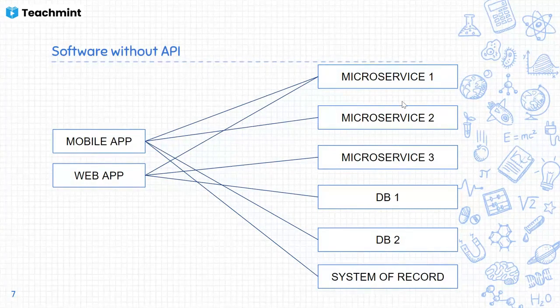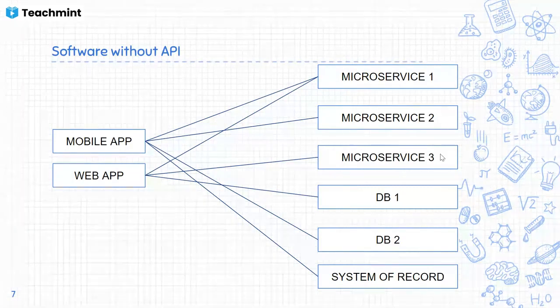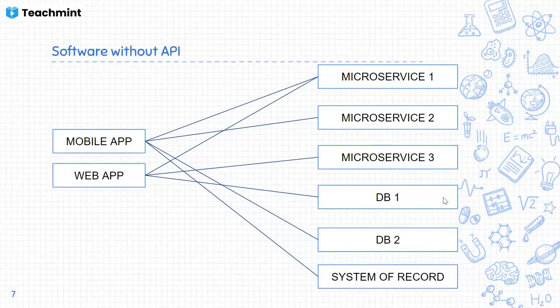But what if this microservice is developed on .NET? What if this is developed in Python? What if this is developed in something else? What if this is SQL, I mean MS SQL? And what if this is PostgreSQL? And what if this is developed using the blob storage algorithm?